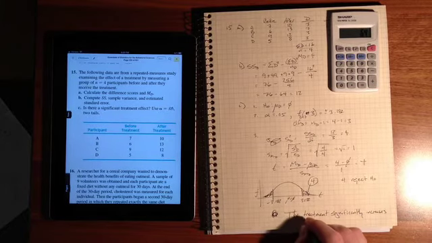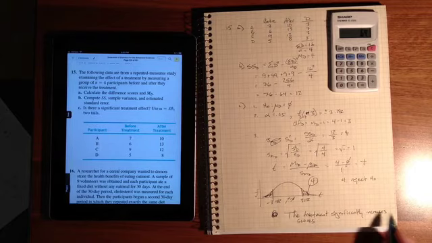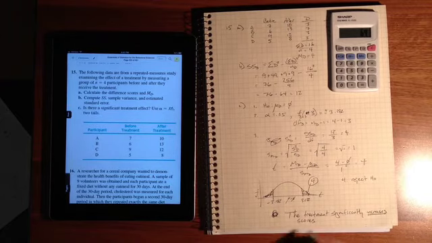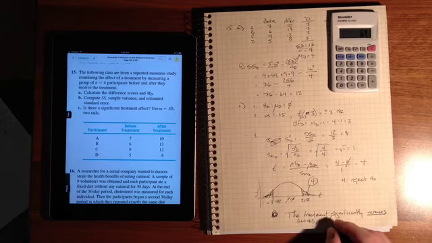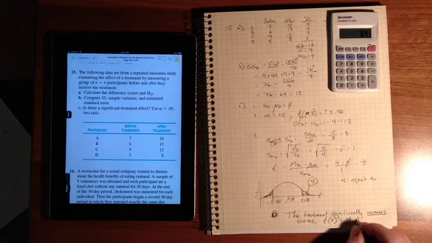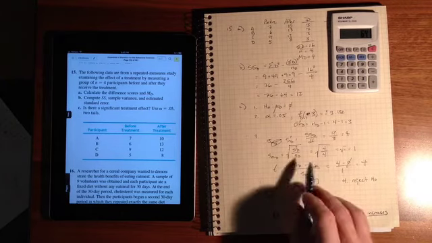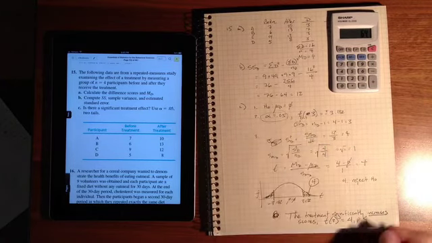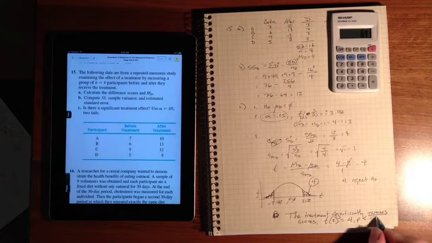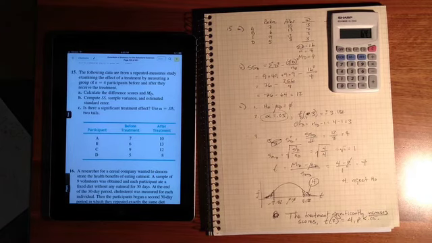It's not sufficient to say that there was a significant difference. You need to say the direction. So significantly increases scores with a t at 3 degrees of freedom equal to 4, and p less than, because we rejected the null, it's less than our alpha of 0.05. And that's pretty much it for question 15.